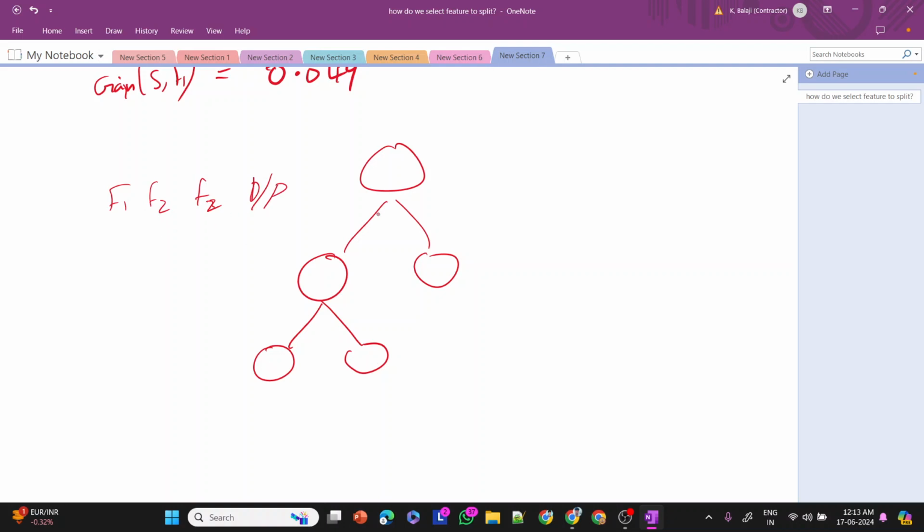After creating this tree-like structure, this is called a decision tree, because a decision is made at each node, whether the data is going to split this side or that side. After that we make a decision for the input data. Like this, the decision tree works.